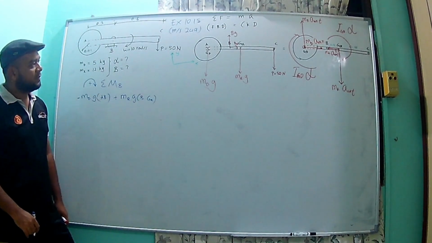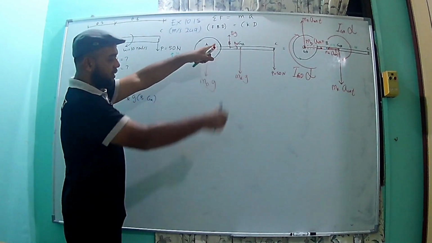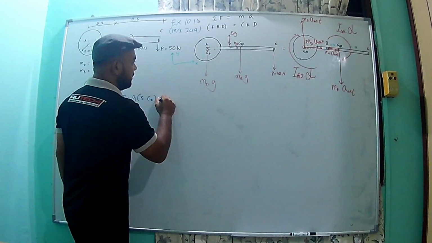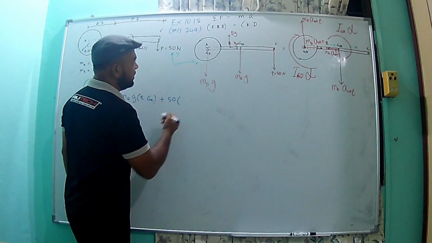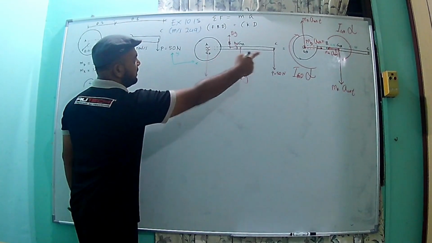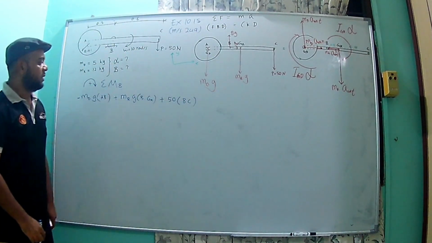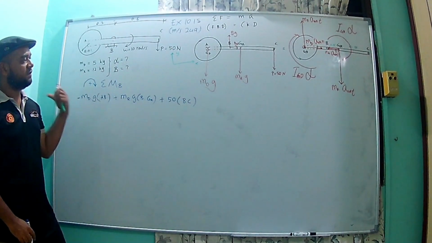And the last one we have at point C. C, pin here, force in this direction, so positive P, which is 50 times the distance from B to C. Okay, so this is the left part, which is the free body diagram.